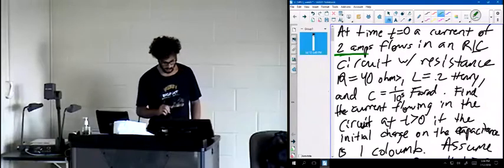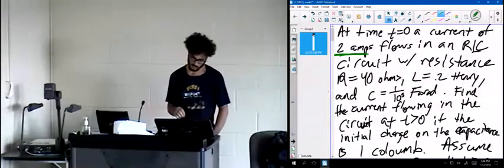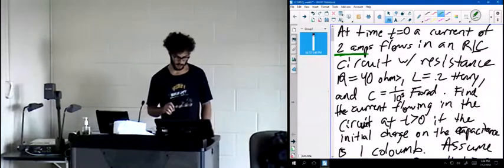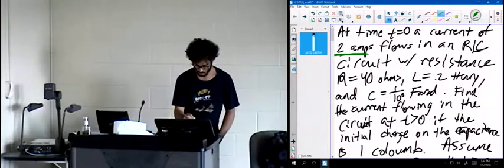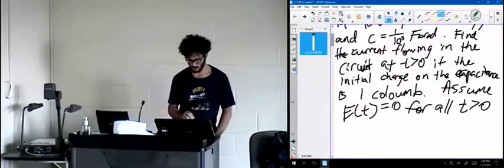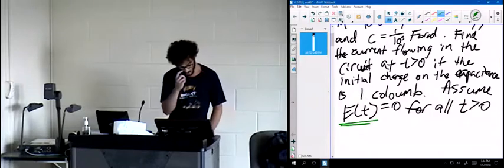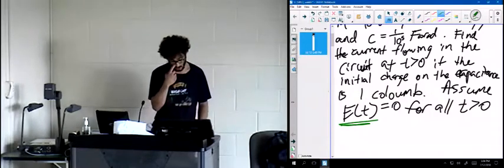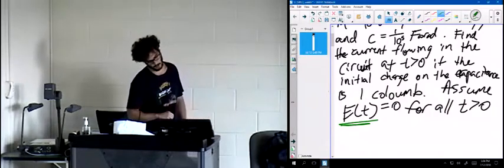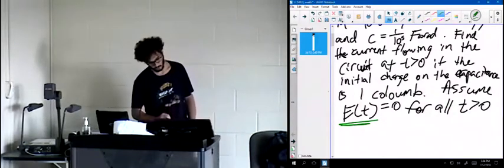And it says find the current flowing in the circuit at any time greater than 0 if the initial charge on the capacitance, the coulomb, and then it says assume that this right here, this EFT, is known as impressed voltage. We're going to assume it's equal to 0 for all t greater than 0.